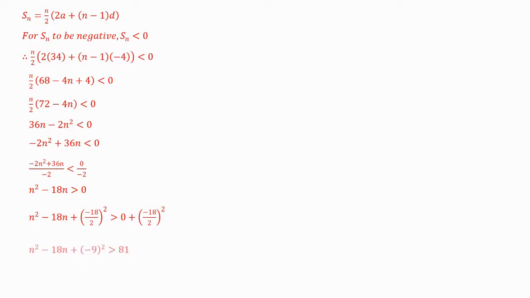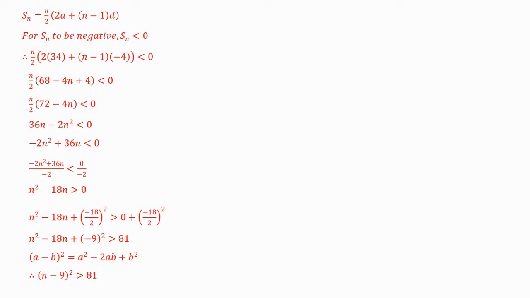Simplified, that is n squared minus 18n plus negative 9 squared is greater than 81. Then we have the algebraic formula: a minus b squared is equal to a squared minus 2ab plus b squared. This is similar to our equation, and therefore our a is n and our b is negative 9.